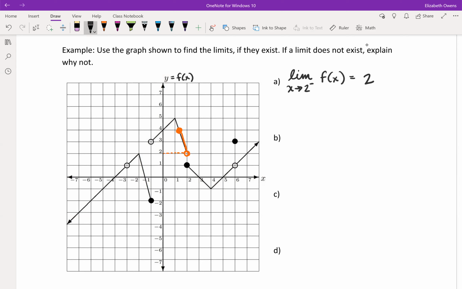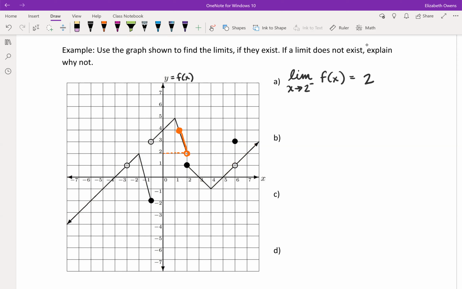It's 2. When you're doing these one-sided limits, pretend that you have no idea what's going on on the other side of that special x value. So here we're focusing on coming in towards 2 from the left-hand side. We're going to pretend we have no idea what's going on to the right of 2, that there's this other part to the function, that the function value is actually down here, because we don't actually arrive at x equals 2.